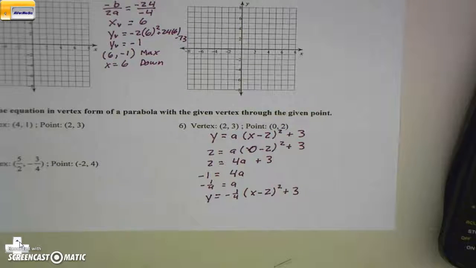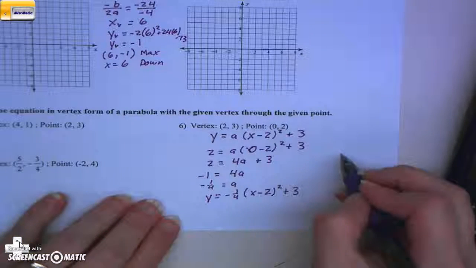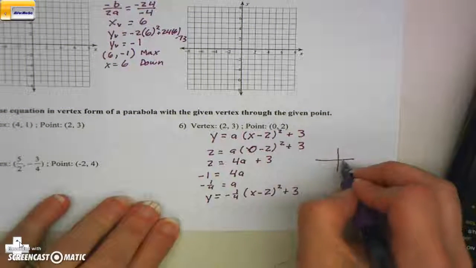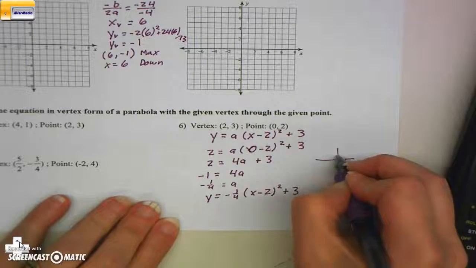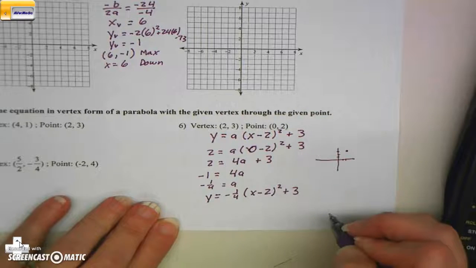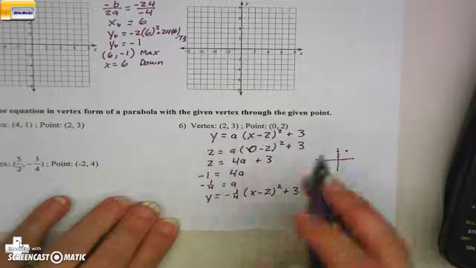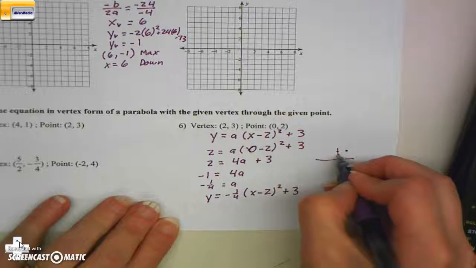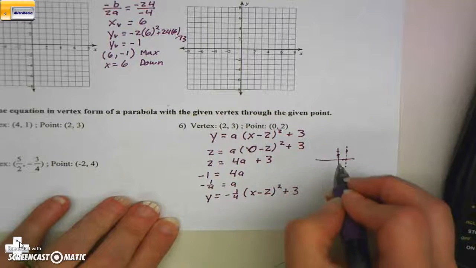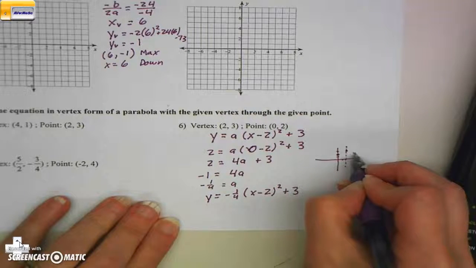If I'm graphing it, it's actually easier to graph this one with this information. I find the vertex on my graph, so I go over 2, up 3, vertex. I find this point. I know there's an axis of symmetry right there, so now I can get a point over here.